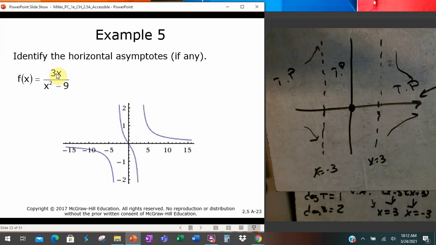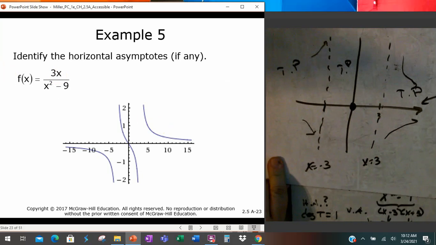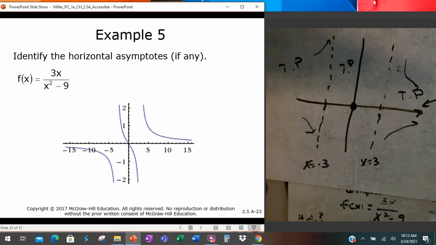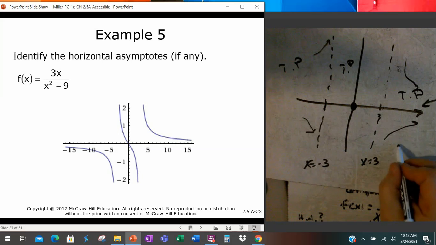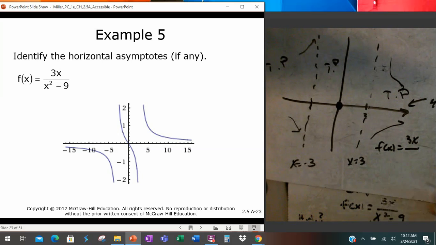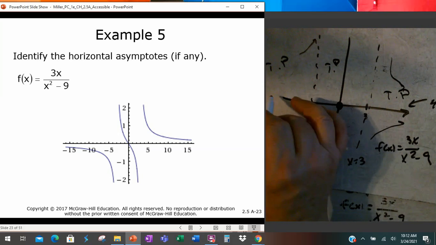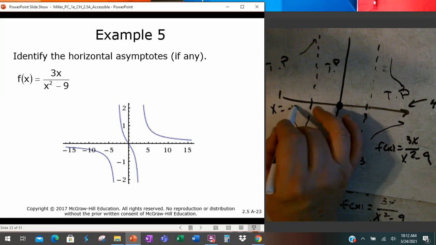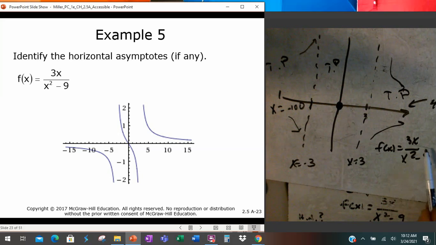So let's say this was a large negative number as a test point. Here's my f of x, 3x over x squared minus 9. If this was a large negative number, so pick something out here, x equal to -100, something big.